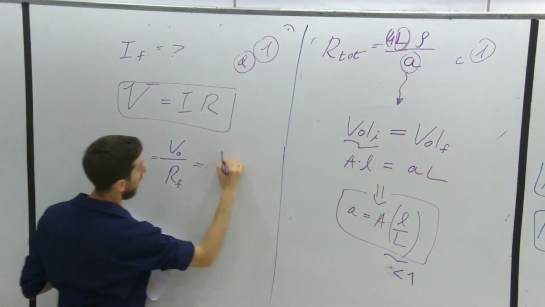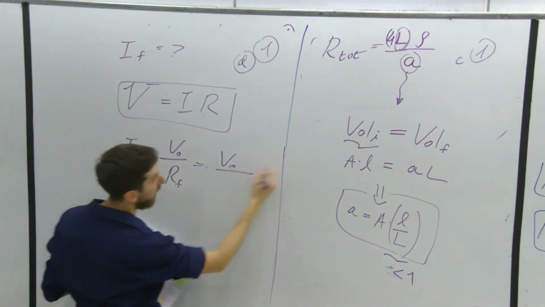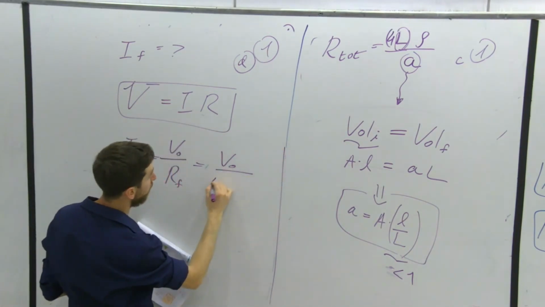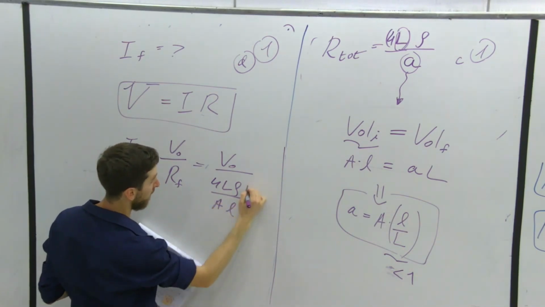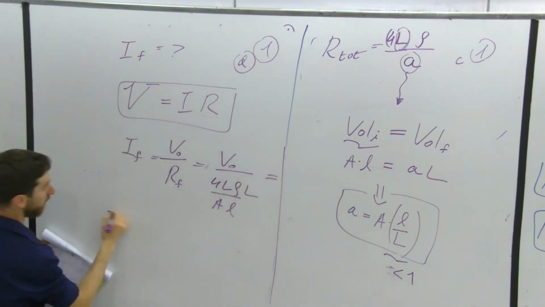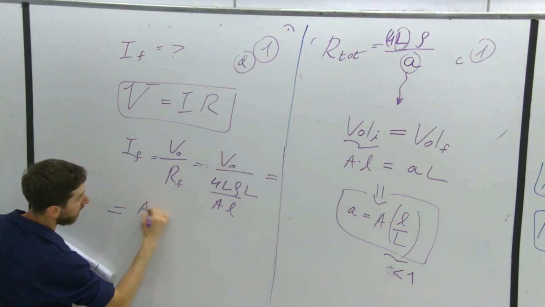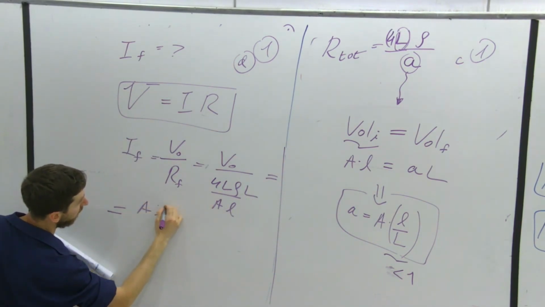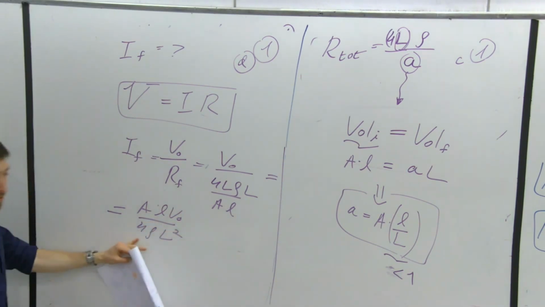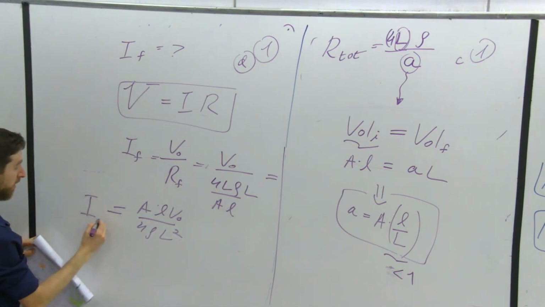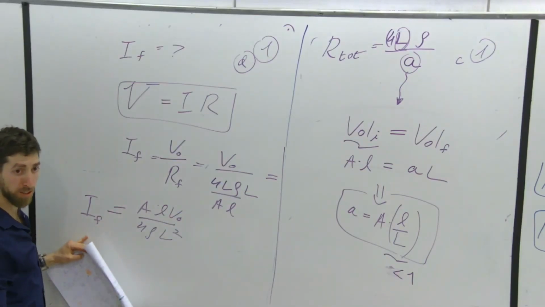Okay, so it's V0 divided by this term, which is 4 L rho divided by A L, and this is jumping out. So this is actually equal to A L V0 over 4 rho L squared, right? What is this one? The final, what?